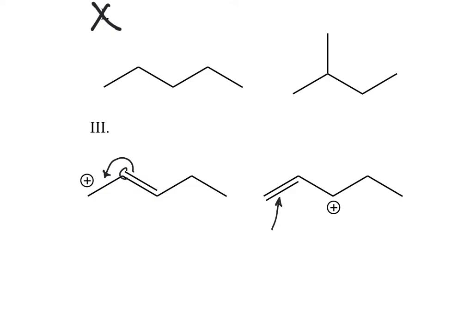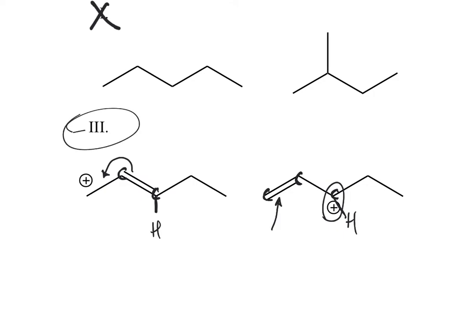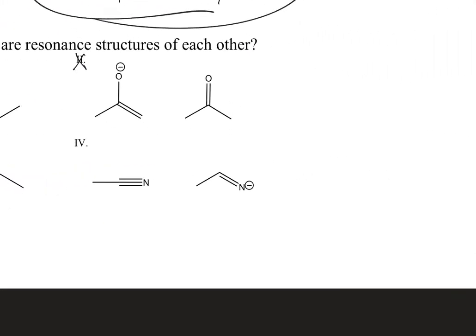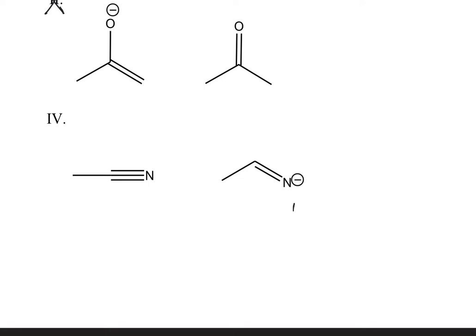Because we have these 2 carbons involved in the double bond that I'll show here, the one on the left still has the double bond, but now it's to this carbon, and therefore that carbon has lost 2 electrons, making it positively charged. There is a hydrogen here in either case. So that is a set of resonance structures. And then over here, again, we have a negative, but it's neutral on this side, so that one is not the correct answer.